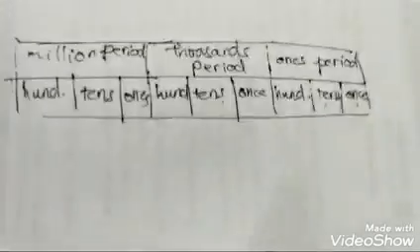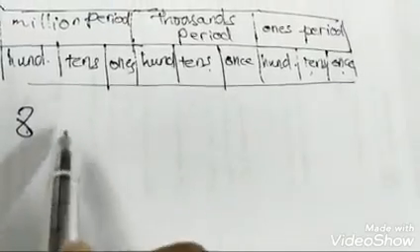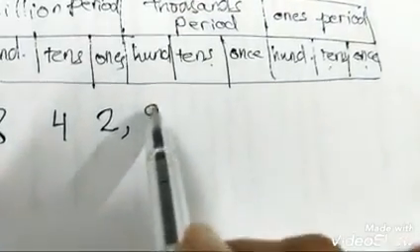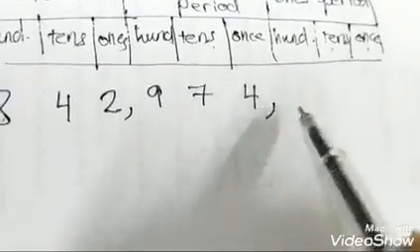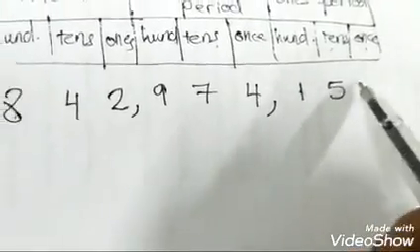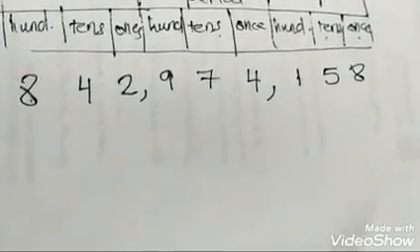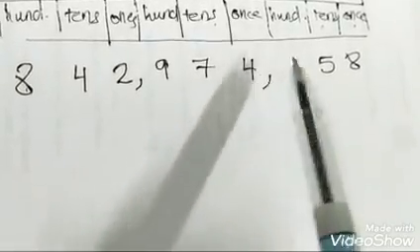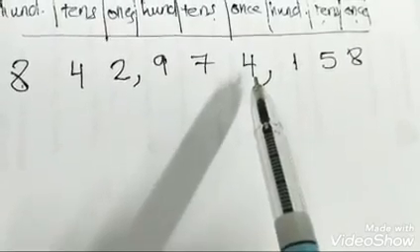Now, if I have the number 842,974,158, now the digit 4 in 74 is in the thousands period.